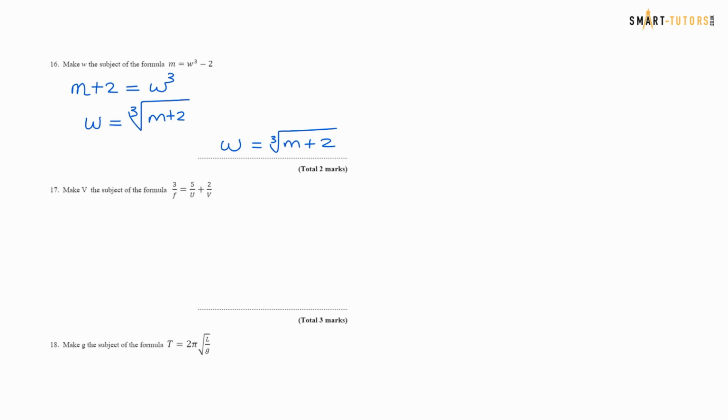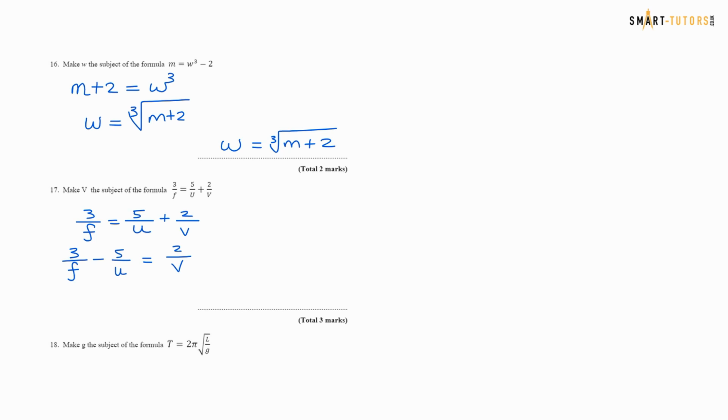Question number 17, 3 over f equals 5 over u plus 2 over v. v as the subject, so you bring the 5 over u to the other side, so 3 over f minus 5 over u equal 2 over v.